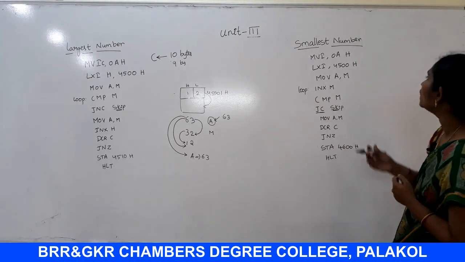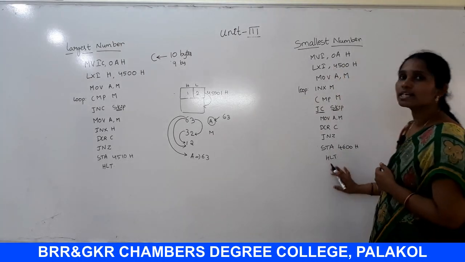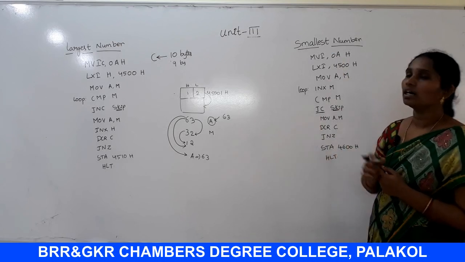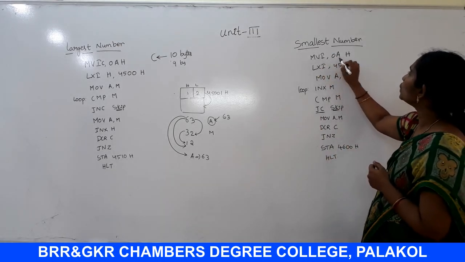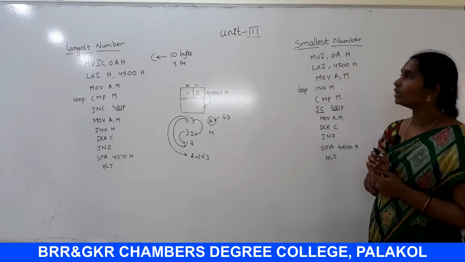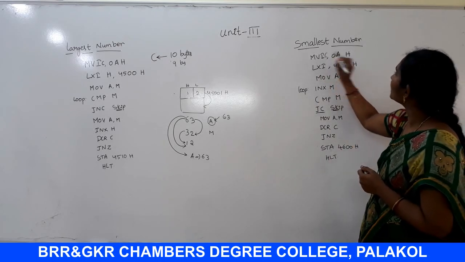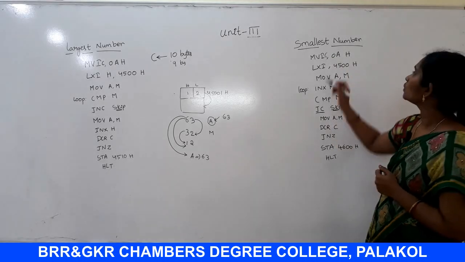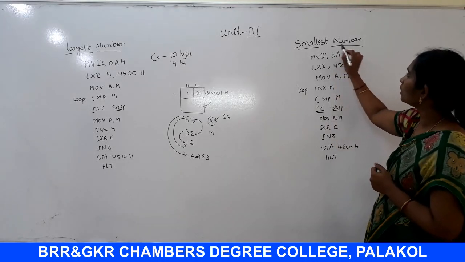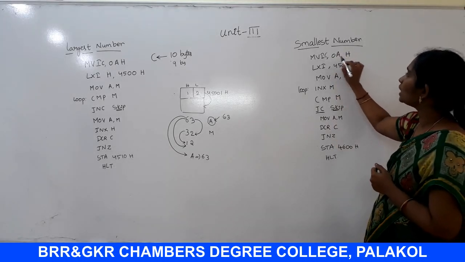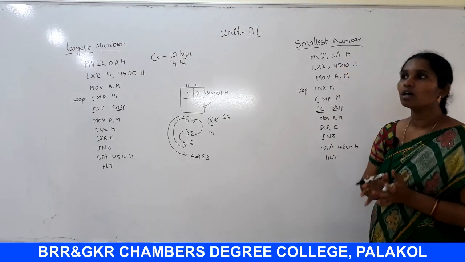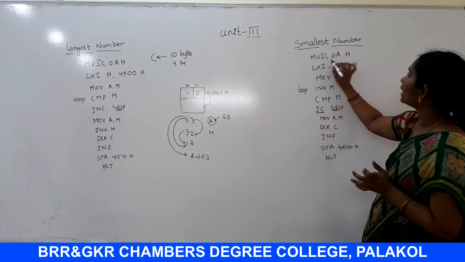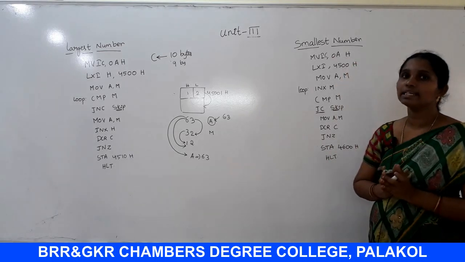This is also a program similar to the largest number one. Here, MVI C, 0AH: whatever data is there, 0A is 10 bytes of data, and this is copied to the C register.